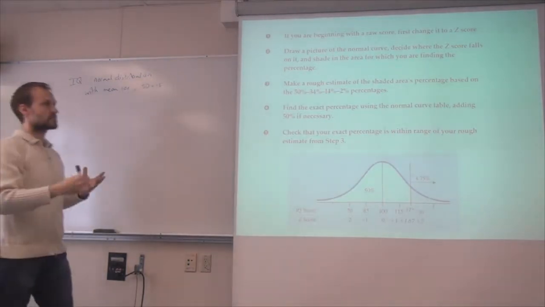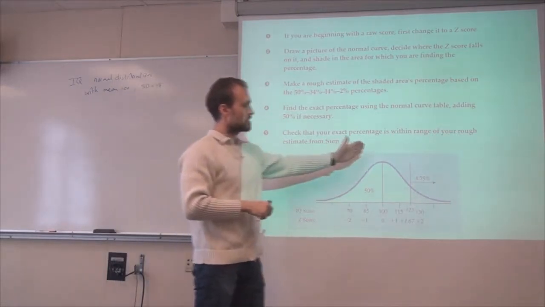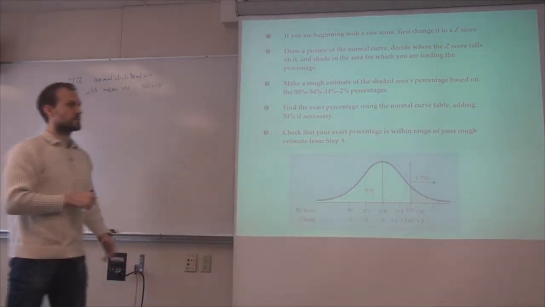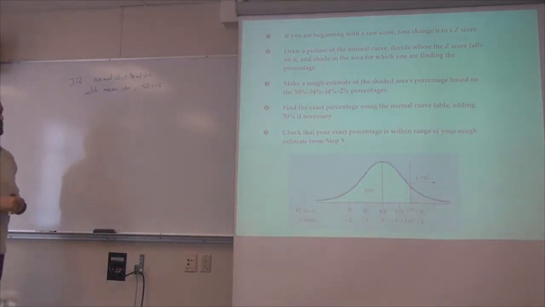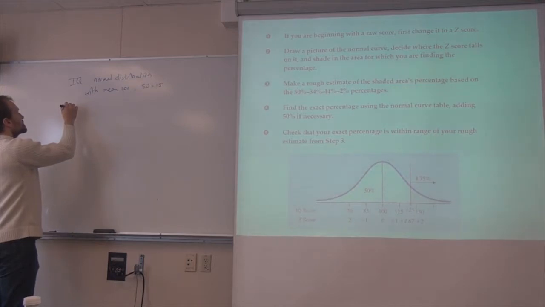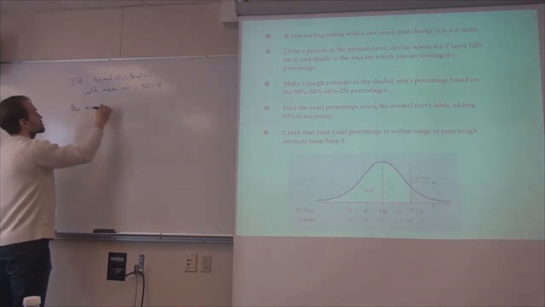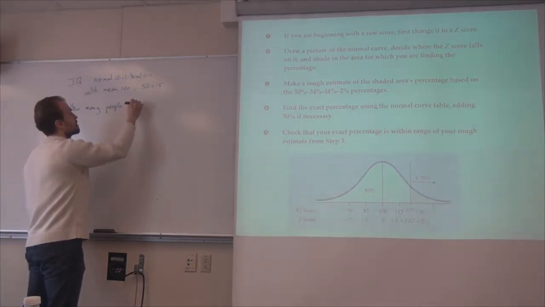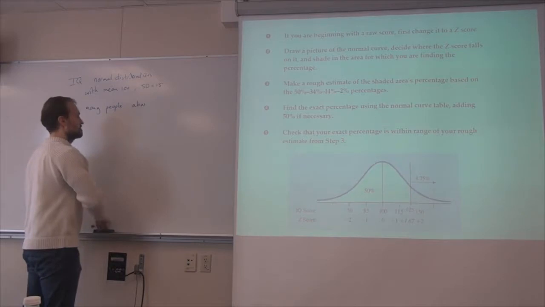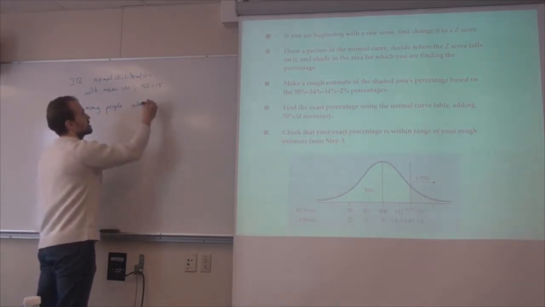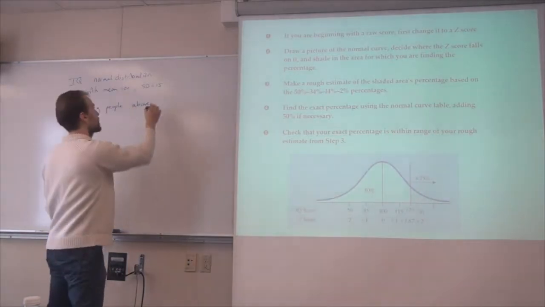So that specifies the normal curve, centered at 100, and every standard deviation step is 15 points on the IQ score. What is the percentage, or how many people fall above a score of 125?